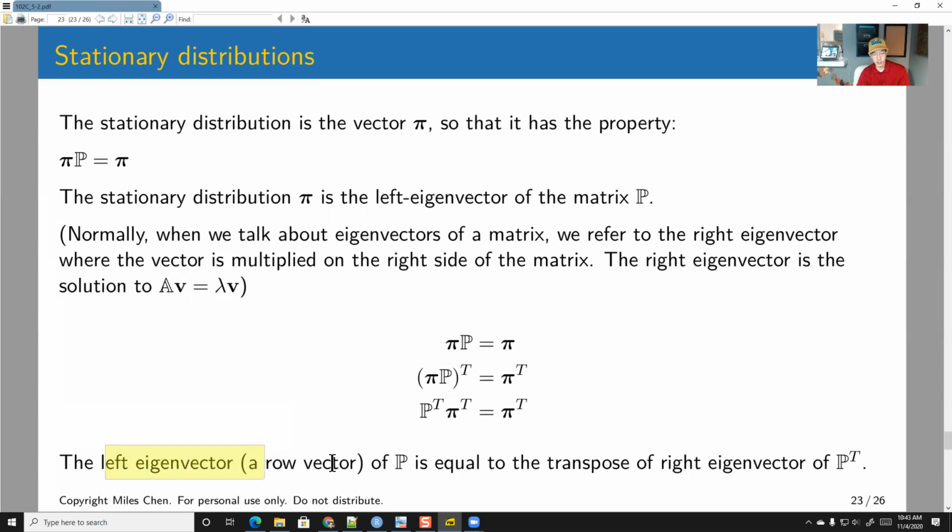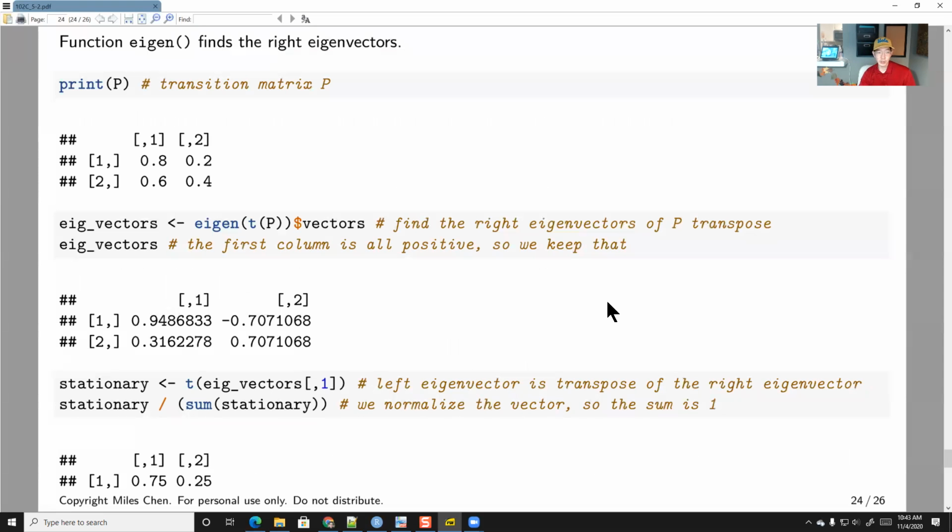The left eigenvector of P is the transpose of the right eigenvector of P transpose. So if you take the right eigenvector of your matrix P transpose, then you're going to get the transpose of basically the left eigenvector. Okay. So we can do that.